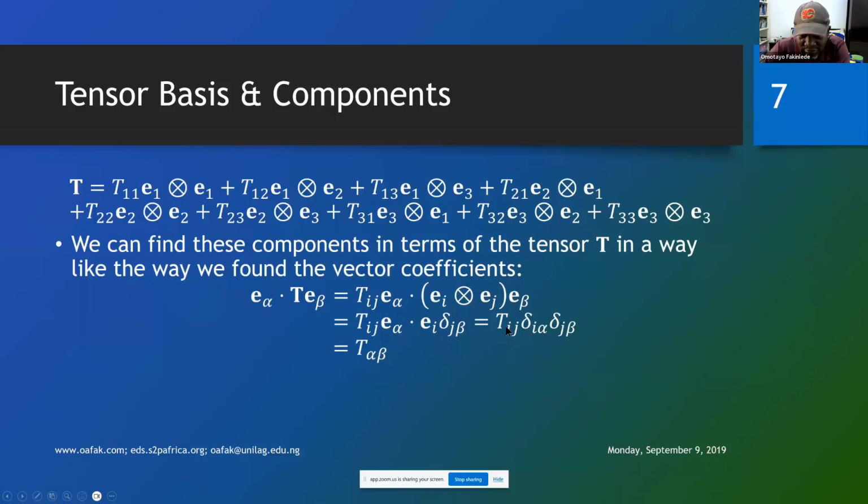And if you have Tij, delta i alpha, delta j beta, you can remove this by substituting alpha for i, and this by substituting beta for j. So at the end of the day, this gives you T alpha beta. So E alpha dot T E beta is T alpha beta. I want that to sink in.